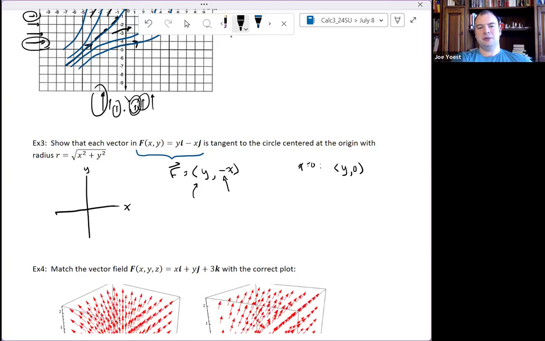So when y is a little bit positive, we're pointing a little bit to the right. When y is a bit more positive, we're pointing more to the right. And when y is quite positive, we're pointing quite far to the right. And then just the opposite when y is negative. When y is a little bit negative, we're pointing a little bit to the left. Moderately negative, pointing moderately to the left. And quite a bit negative, we're pointing quite a bit to the left.